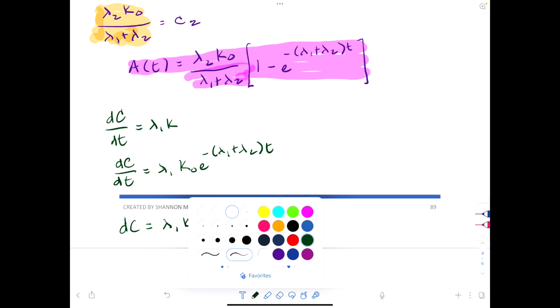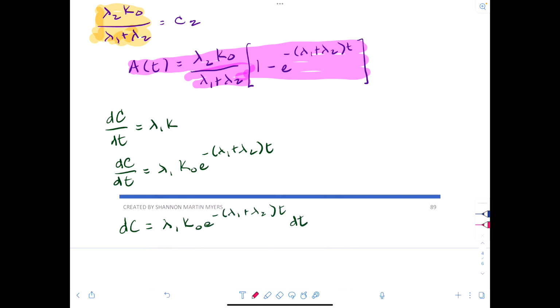And then very similarly to last time, we have the same coefficient in front of the t.